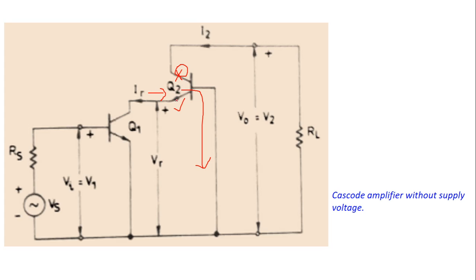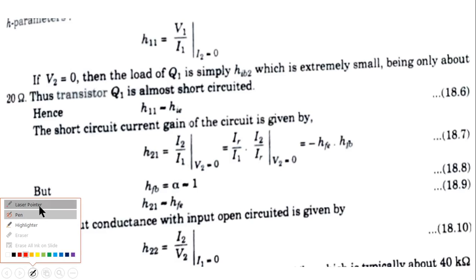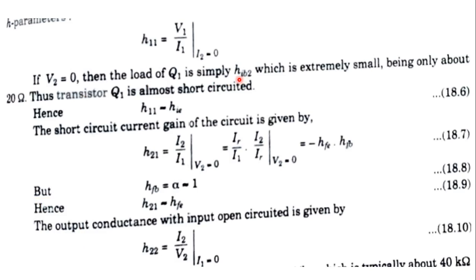This is a forward bias junction, and its resistance is very low, of the order of a few ohms. It may be around 10, 15 or 20 ohms, and this is what is said here: HIB2, the input resistance, is extremely small, being only about 20 ohm.